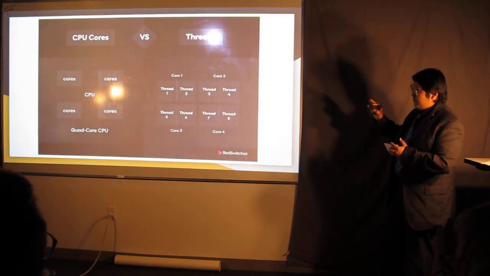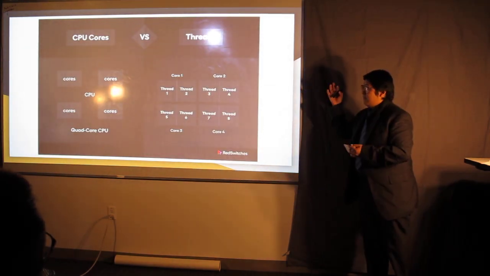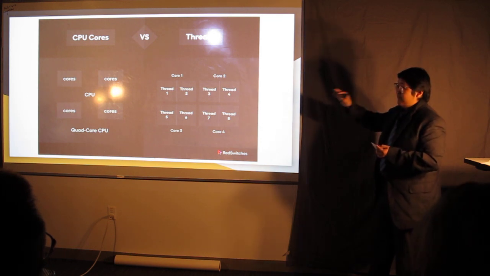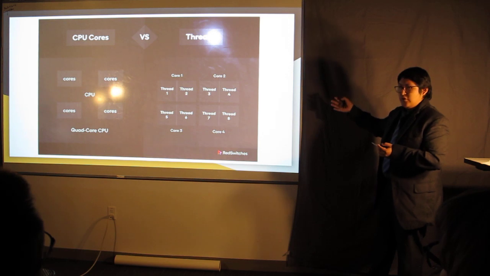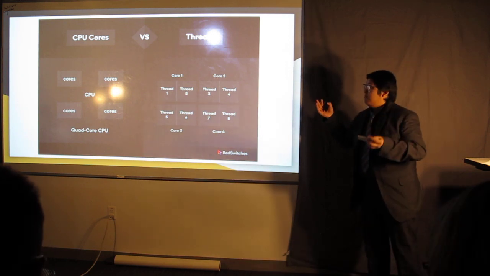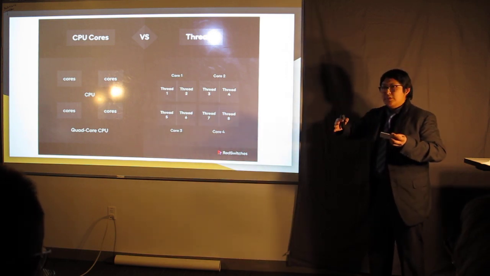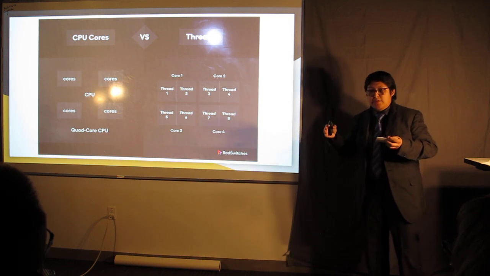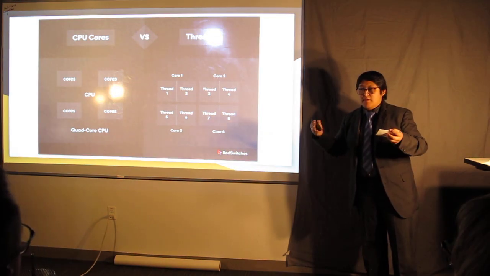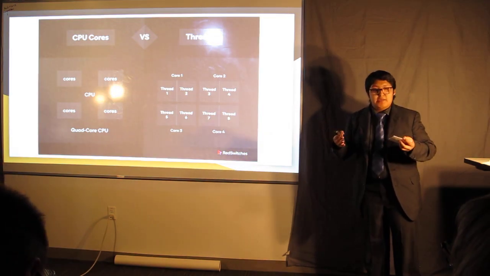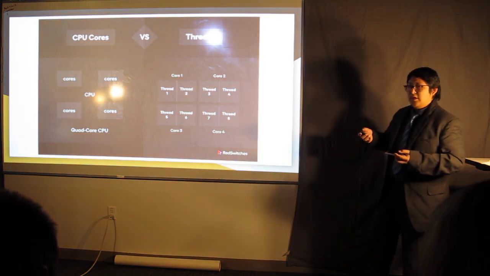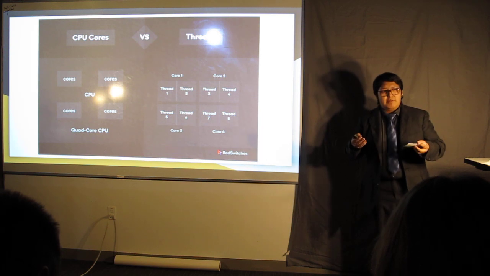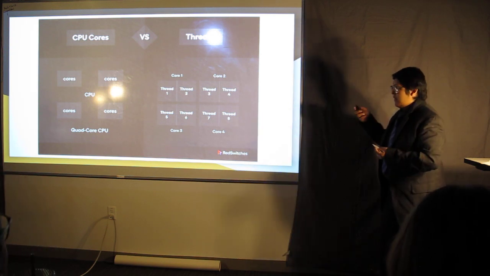Here's a visual example of what I mean by cores and threads. So now we have threads, and these are what are known as virtual threads. So basically how these work is you have your cores, and for each core you have a set of threads, and those threads help out the core to do its job faster by basically speeding up the process, doing its own mini microprocesses along the way.